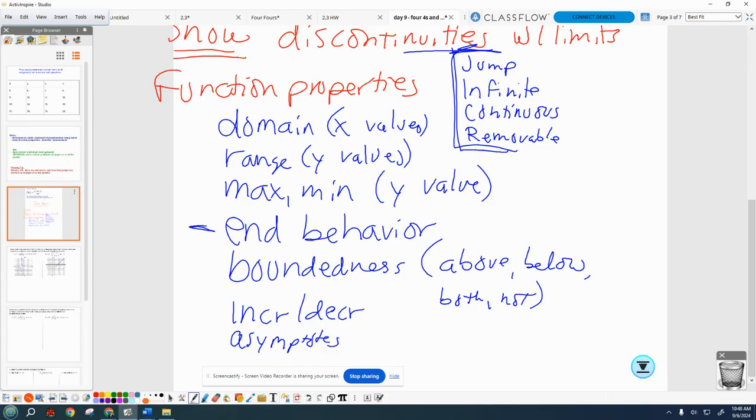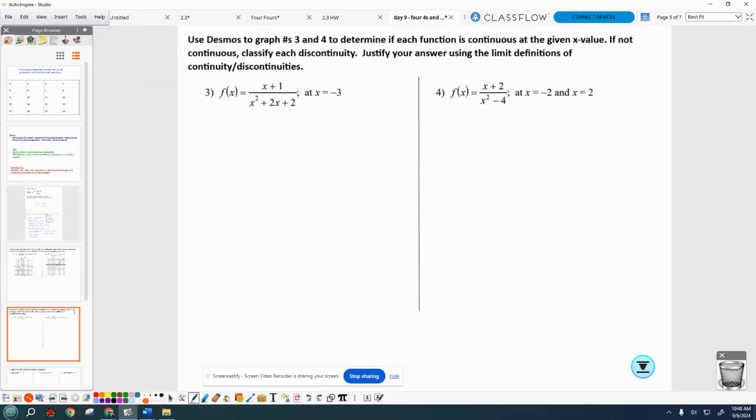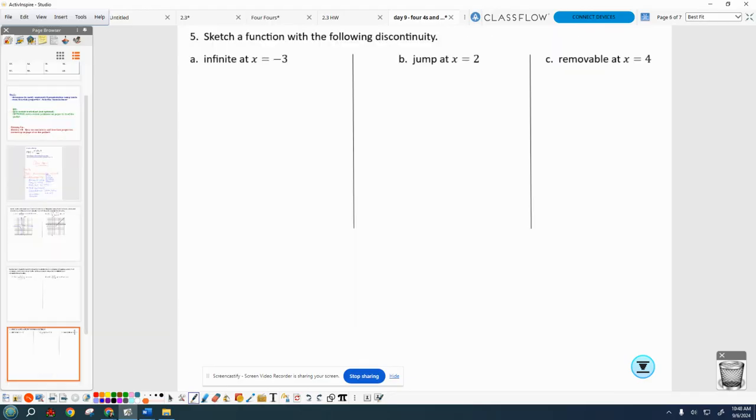You might have to graph. So, I have a review sheet for you, but I want to look at these that don't require the calculator yet.